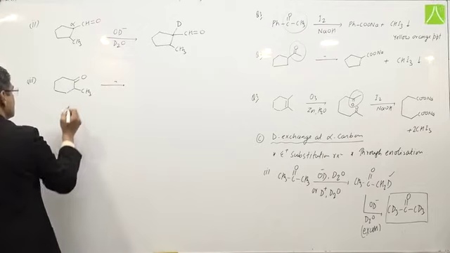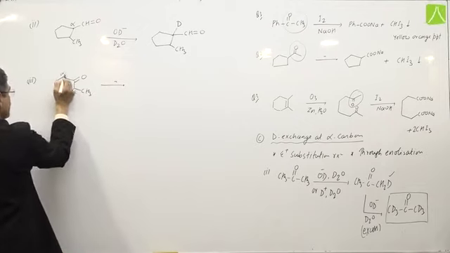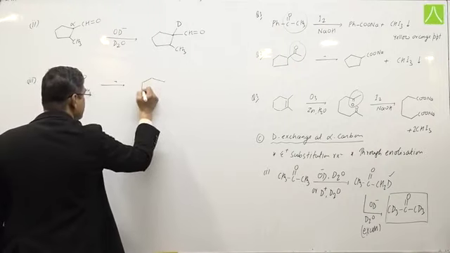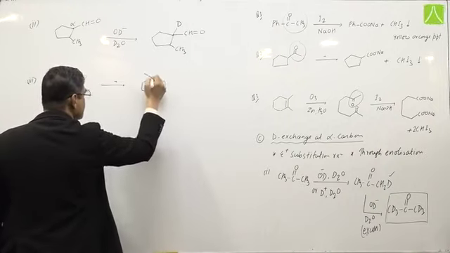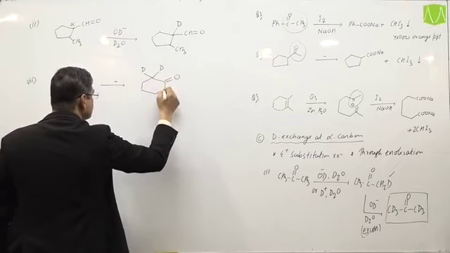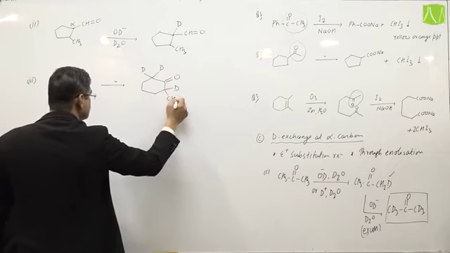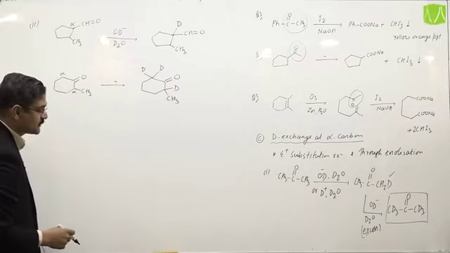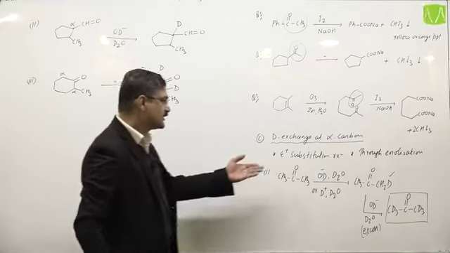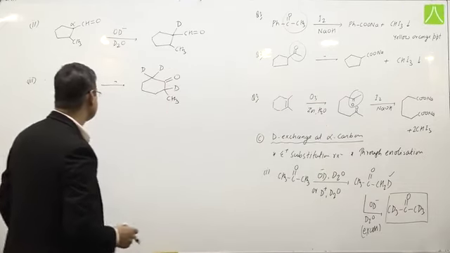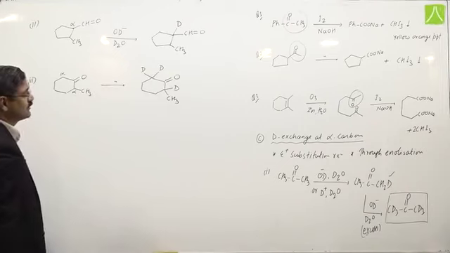In this case, there are 2 alpha positions and a total of 3 hydrogen atoms are present. So a total of 3 deuterium exchange is obtained in the final product. So this is the D exchange. D exchange is an electrophilic substitution reaction. Again, it is through enolization. Now this is a part of alpha halogenation.